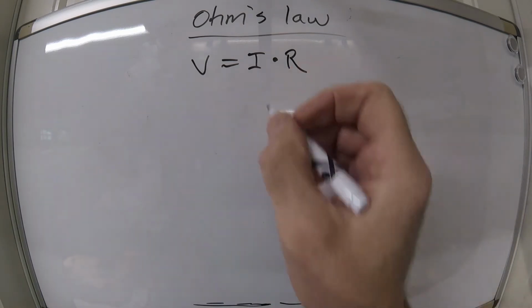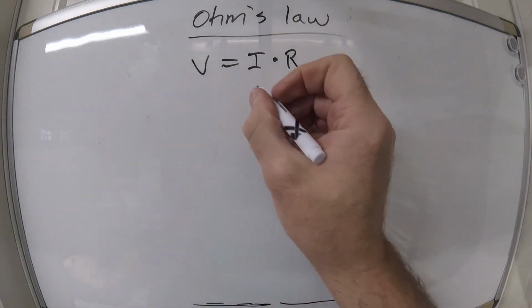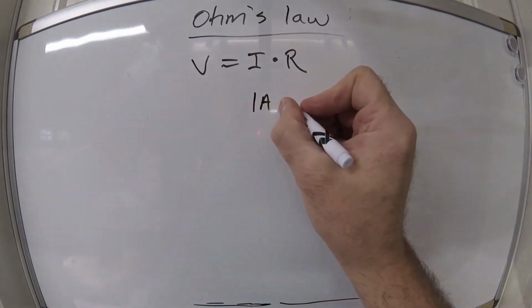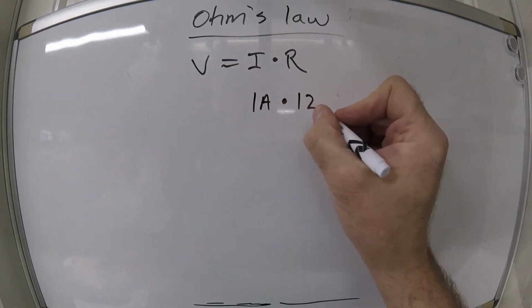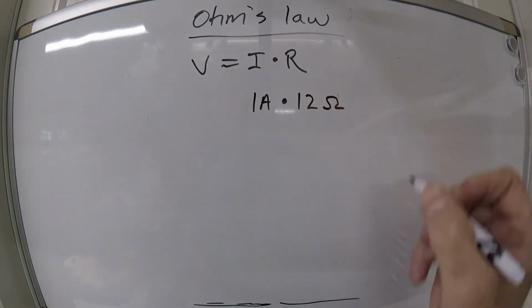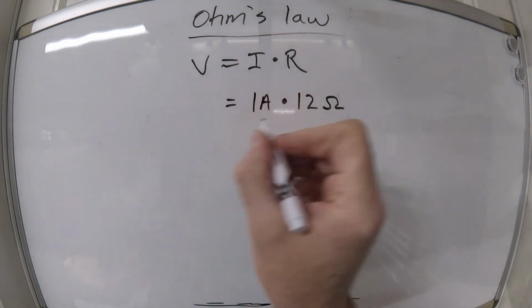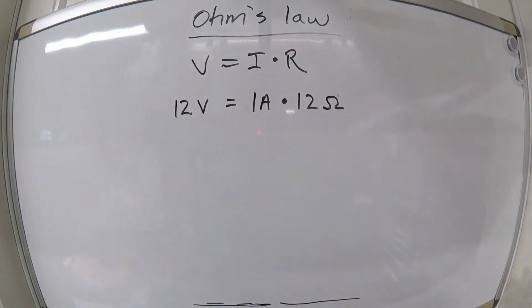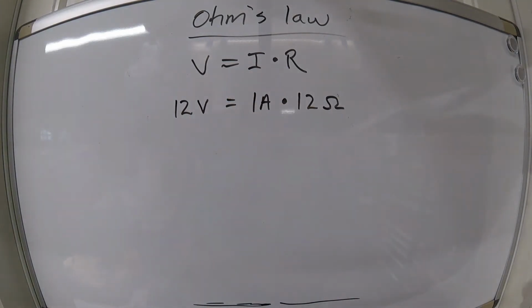So if we have a current of 1 amp and we have 12 ohms of resistance, that would equal 1 times 12 equals 12 volts. It's that simple. This is very simple multiplication and division in most cases. Some electricity gets into other trigonometry and stuff like that later on, but we're not going to get into that.